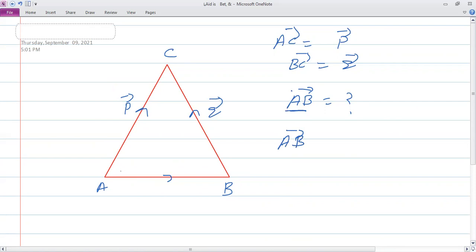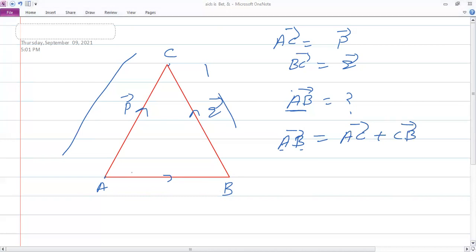First you go here and then you come here. So in that case, AB will be equal to AC plus CB. Look, you started from A, you reached B. You will not follow the direct path, but you will follow the indirect path.